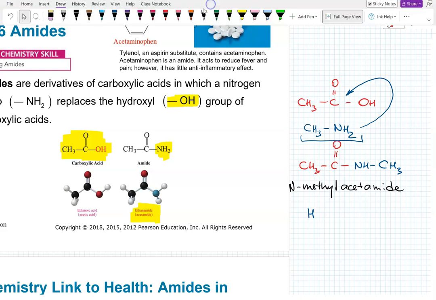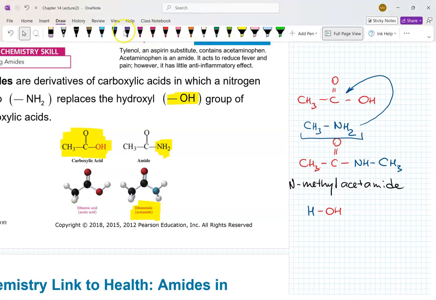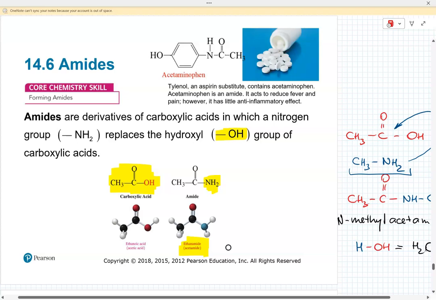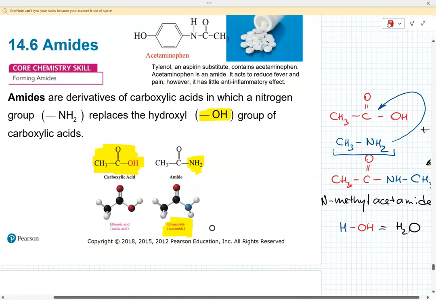And when the OH group is replaced, the OH group and the hydrogen together will give you water. So it's a byproduct of that synthesis reaction. Okay? Reasonable?